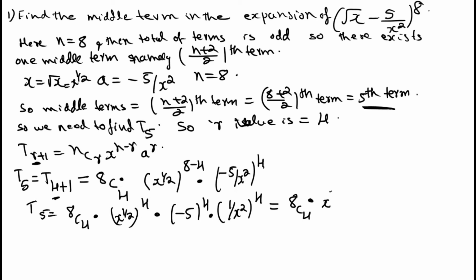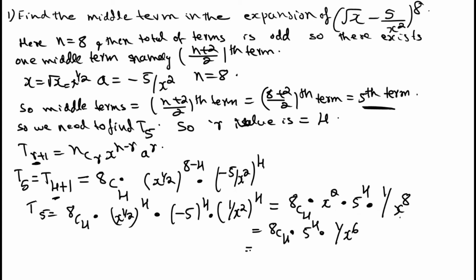Its value equals x squared into minus 5 to the power 4, which is 5 to the power 4, because minus to the power of an even number is plus, into 1 by x to the power 8. In the next step, 8C4 into 5 to the power 4 into x square by x to the power 8. That means in the denominator x to the power 6 is remaining.